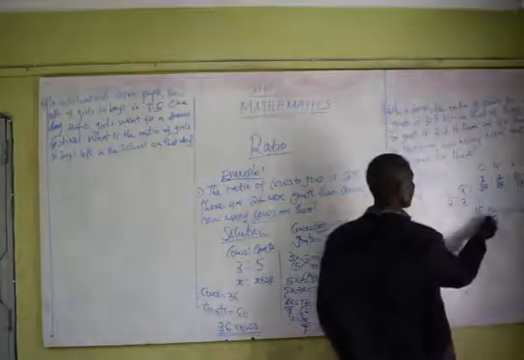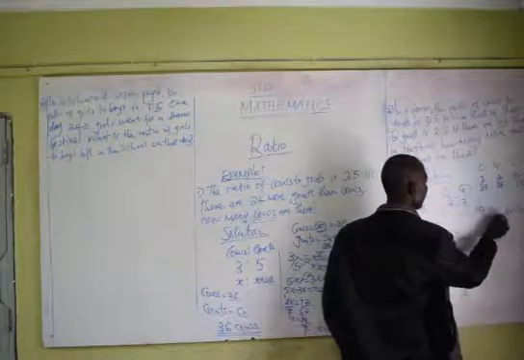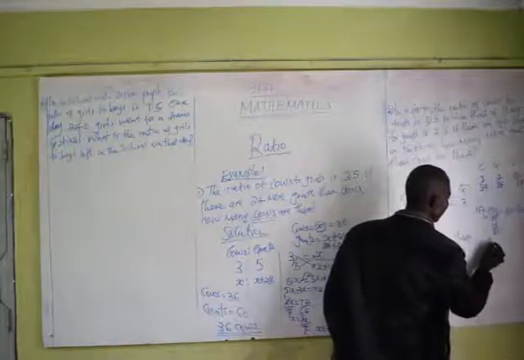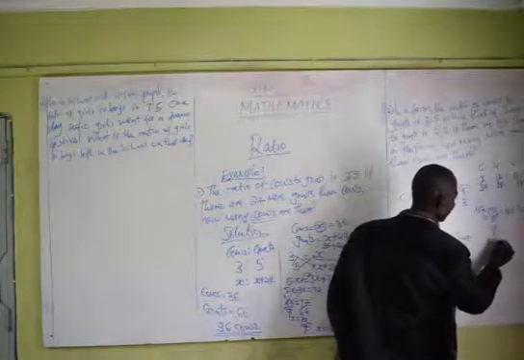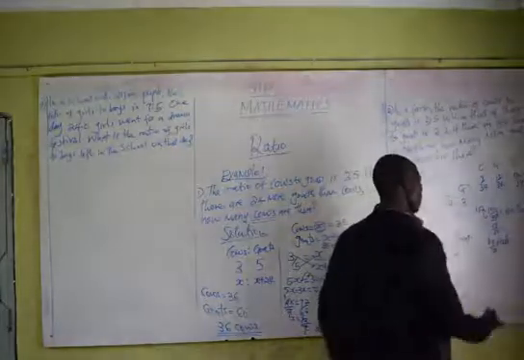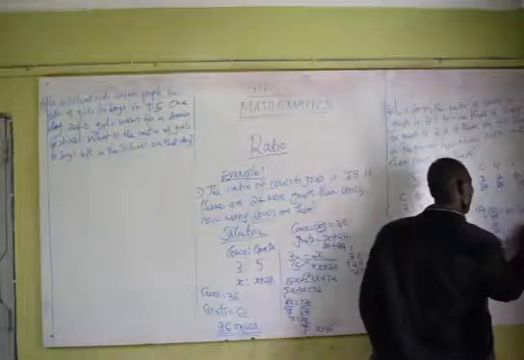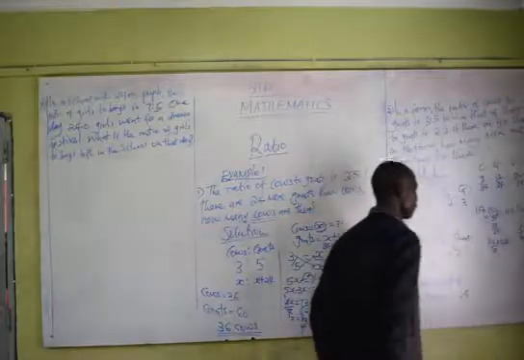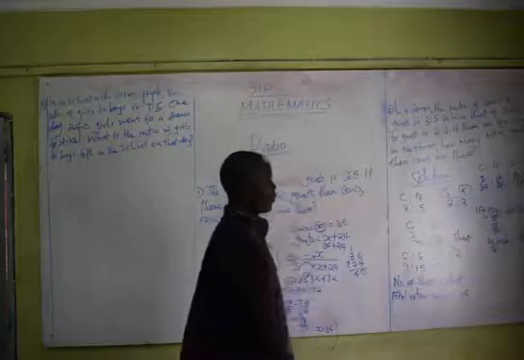So we can now just get the reciprocal from here. That is 34 over 10 times 40. So that we now have 34 multiplied by 4.